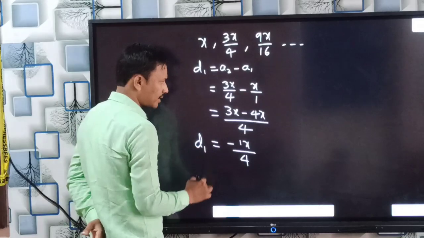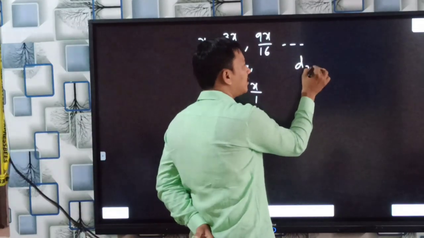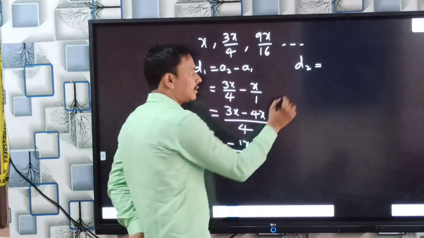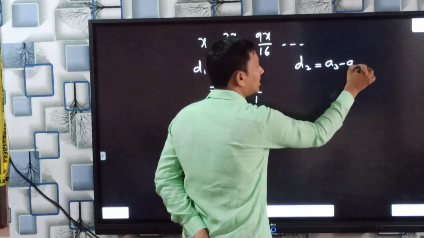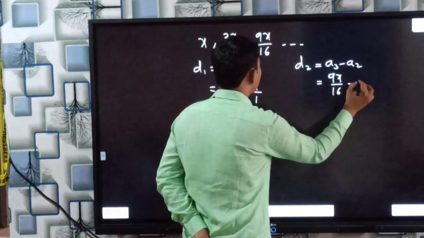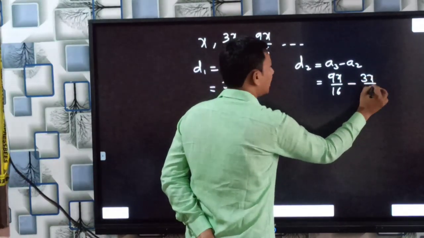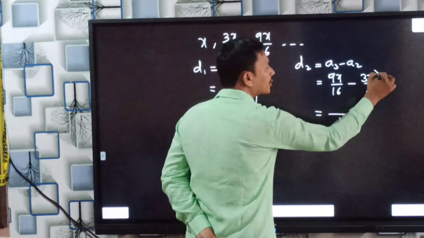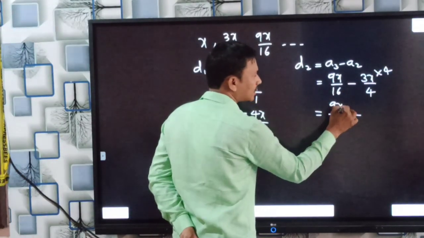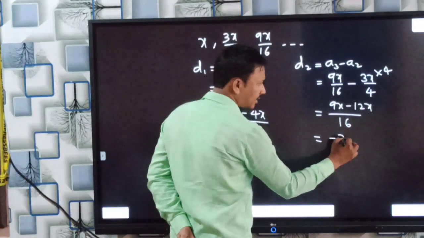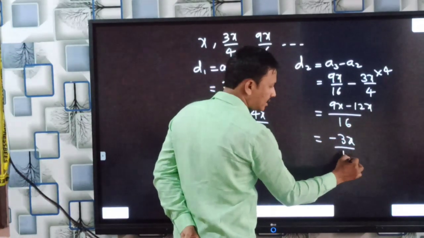This is the first difference. What is the second difference? d2 is equal to a3 minus a2. The third number is 9x divided by 16 minus 3x divided by 4. LCM is 16, 4 fours are 16. 9x minus 3 fours are 12x, that is minus 3x divided by 16.